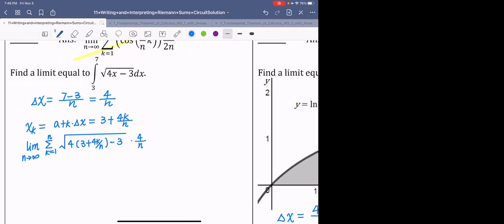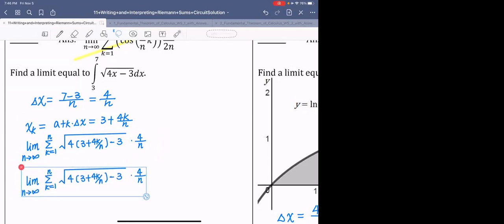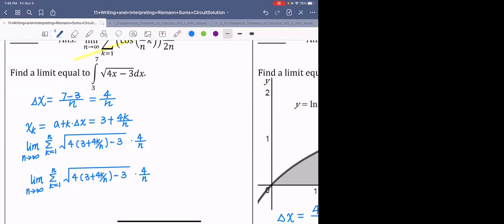Make sense? Equals 12 minus 3 is 9, and then plus 16k over n, okay? Make sense now?